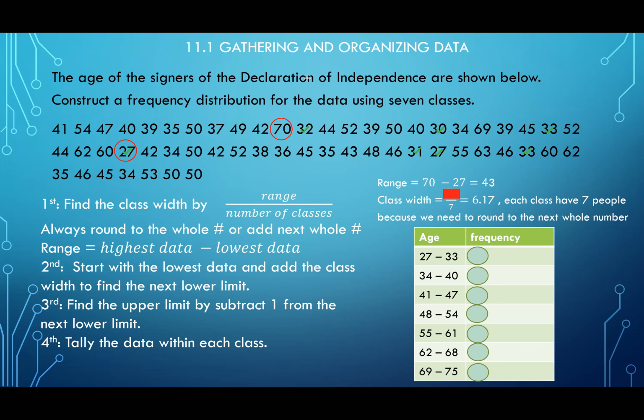If I go in and circle this thing here, I have 1, 2, 3, 4, 5, 6, 7. So 7 people are in the age group between 27 to 33, and that's my frequency. I have 7 individual data between 27 to 33, right?